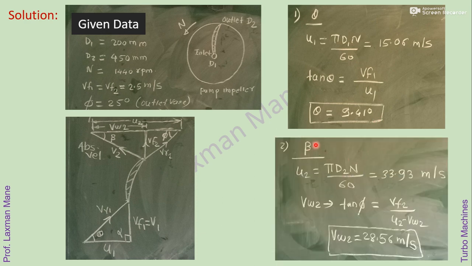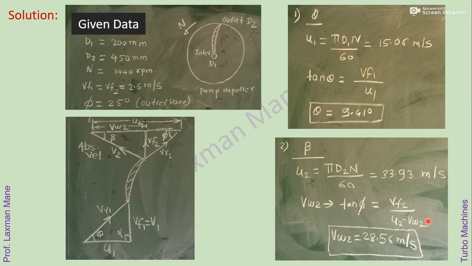Similarly, to find the angle, first of all we have to find u2. So use the formula pi D2 N by 60, putting the value of D2 in meter and N speed in rpm. We find the u2 value. This u2 value we use for further calculation. In the outlet velocity triangle, tan phi is equal to Vf2 divided by u2 minus Vw2.